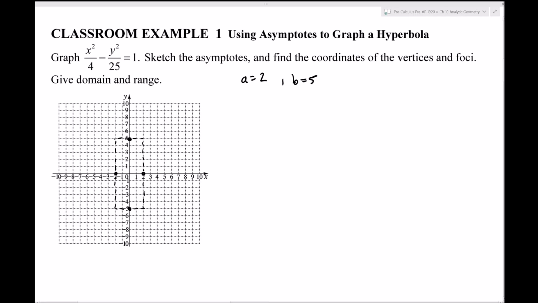So what is that box for? The box is to tell us what the asymptotes look like. So what I probably should do is, if I have a horizontal hyperbola, this is x squared over a squared minus y squared over b squared is equal to 1.